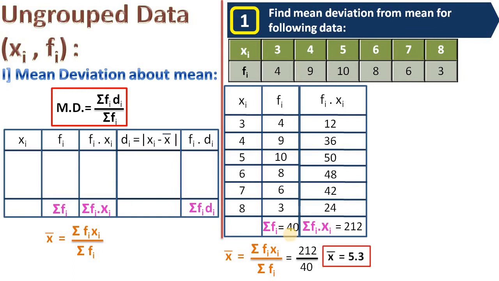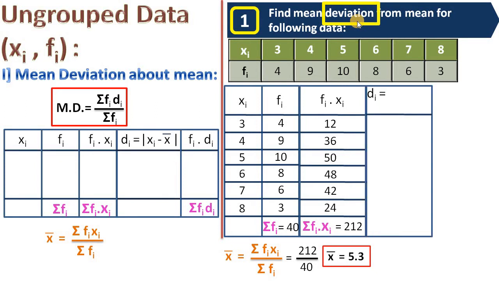So the value of x bar is 5.3 by using a calculator. So we have calculated the value of the mean. Next we have to find the deviation from the mean. The deviation is denoted by the letter di, and it is calculated from the mean.